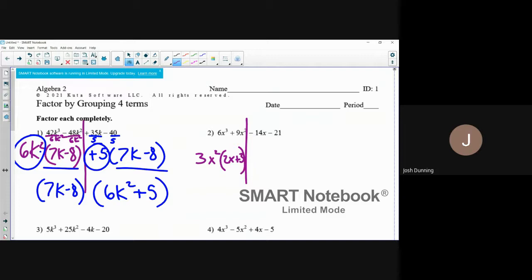Like for the right-hand side here, if I divide by -7, negative 14 divided by -7 switches that to positive 2x. Minus 21 divided by -7 switches that to plus 3. That way your parentheses will match.